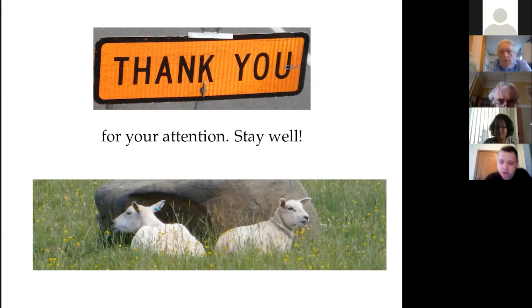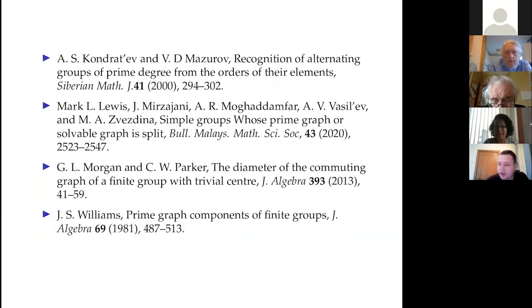Peter, you mentioned the paper by Mark Lewis and others, and I'm one of the authors of this paper. So I would like just to say what it is really proved there. Actually, it is easy to see that if you take a finite simple group, then its prime graph, the Greenberg-Kegel graph, is not necessarily split.